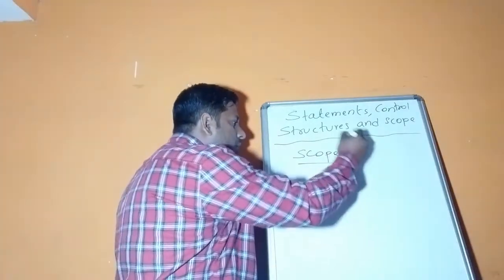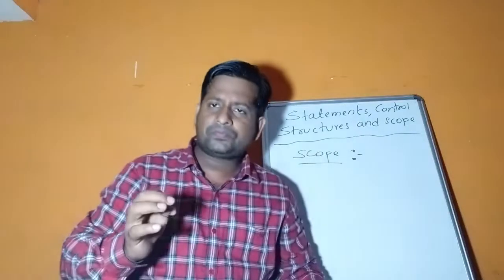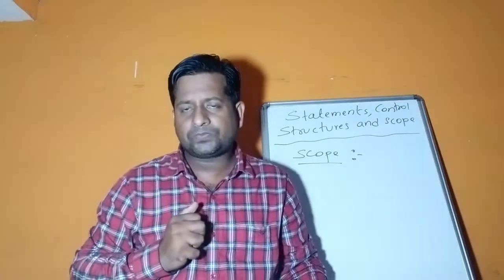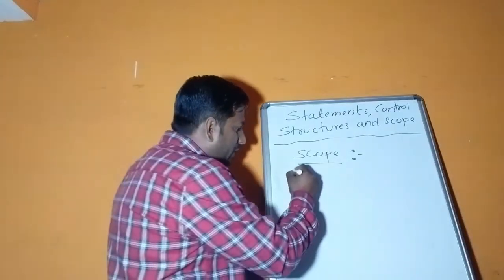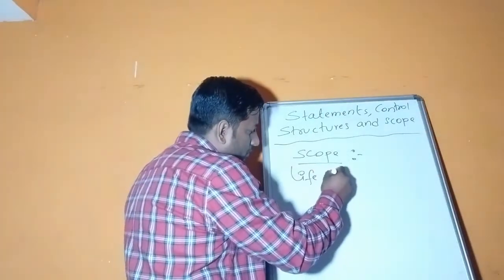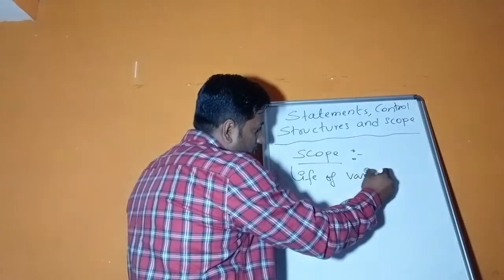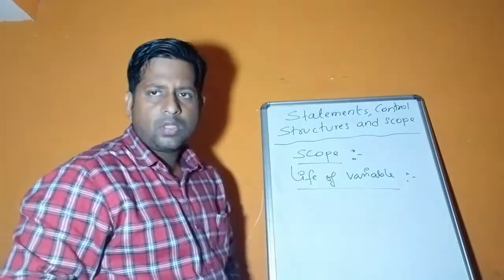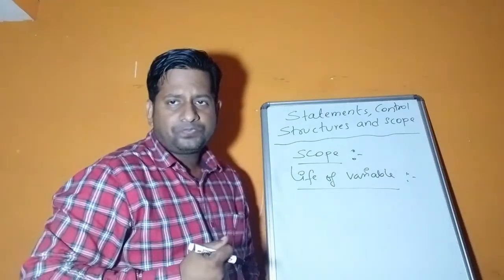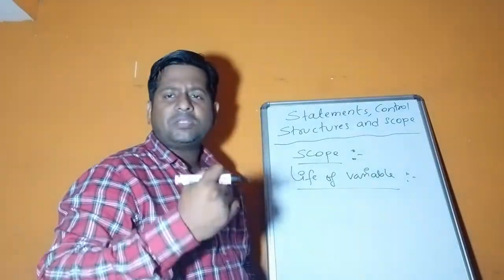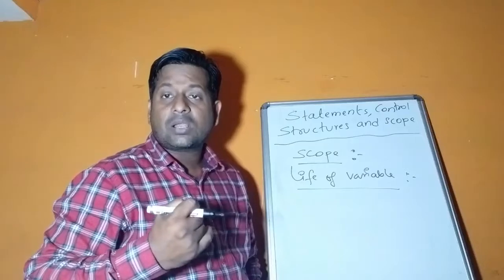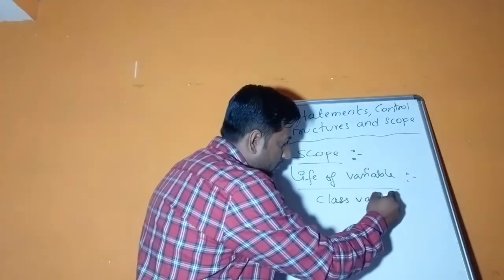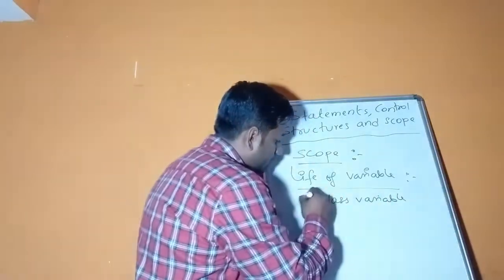Scope means the life of variables, up to how much we can use the variables. We can also say scope of variables. There are two types. If the variables are declared inside the class, that is a class variable.